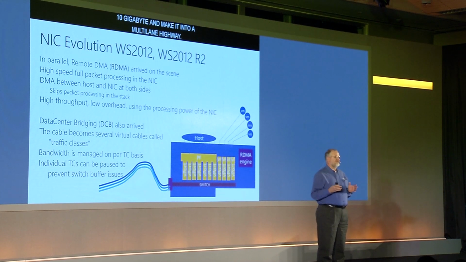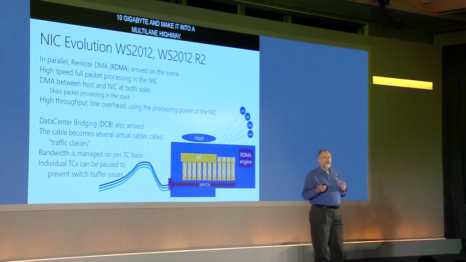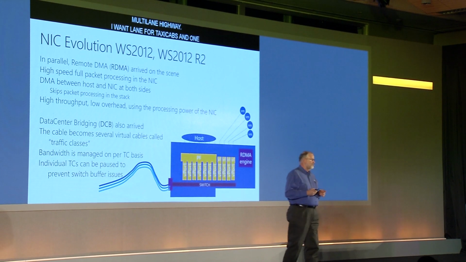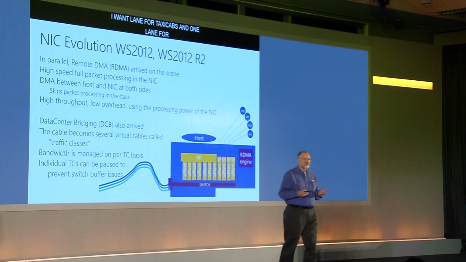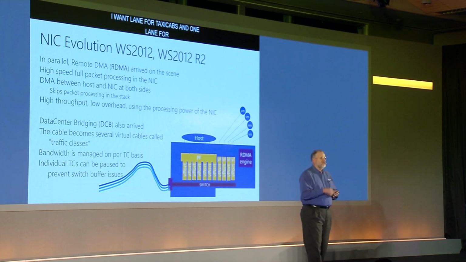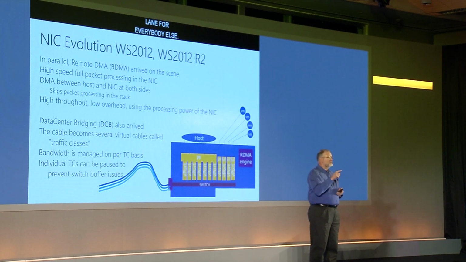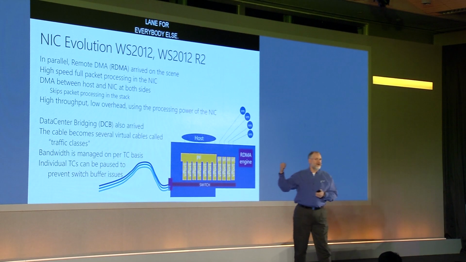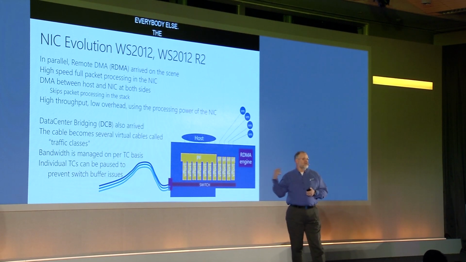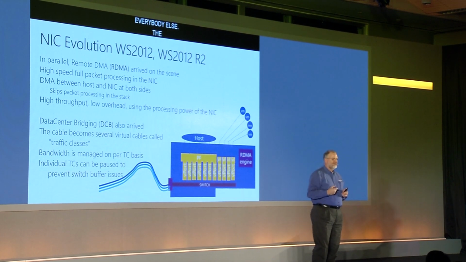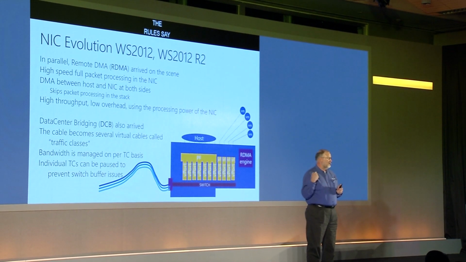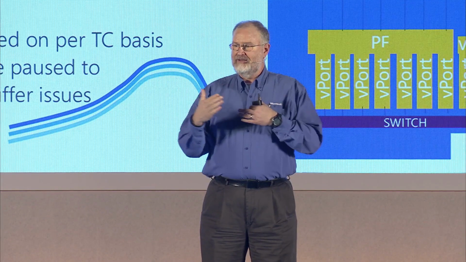Maybe I'll make it a big lane for the rest of the people. But I can do that with data center bridging. I can also set rules with data center bridging that say, in this lane, whenever you see that the stoplight ahead is red, I want you to turn the lights back down the freeway yellow to tell everybody to slow down, so that we don't have everybody running up to the stoplight and stopping really fast. Let's slow down and back off.